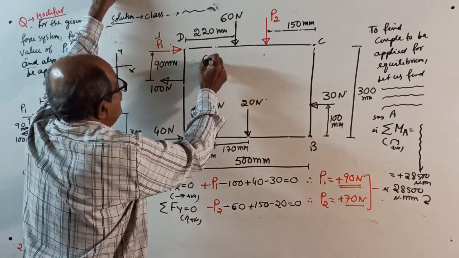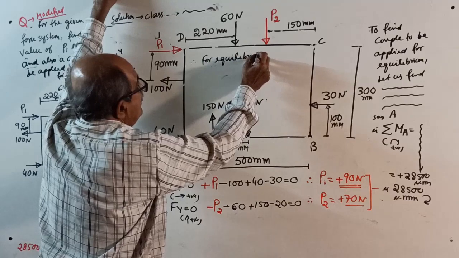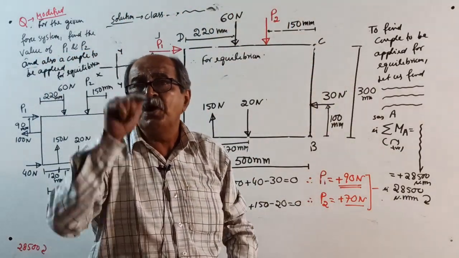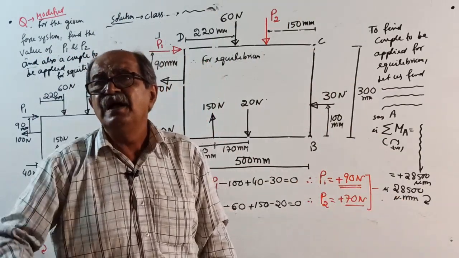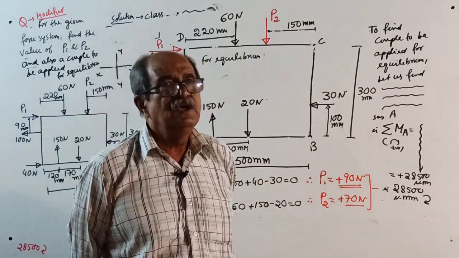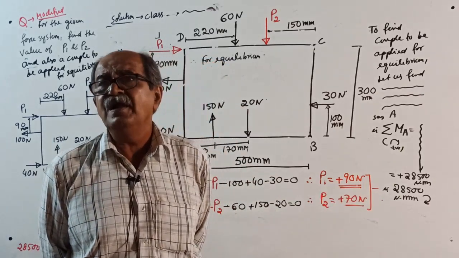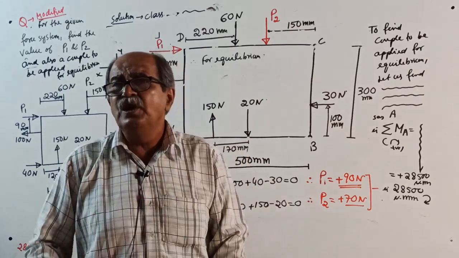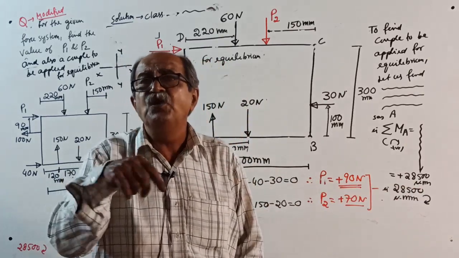Therefore, for equilibrium, be careful. I told you the given system will reduce to a clockwise couple of 28500. I told you long back, anybody can tell what to do: apply an anti-clockwise couple of 28500. A couple can be balanced only by another couple of the same magnitude but opposite direction.